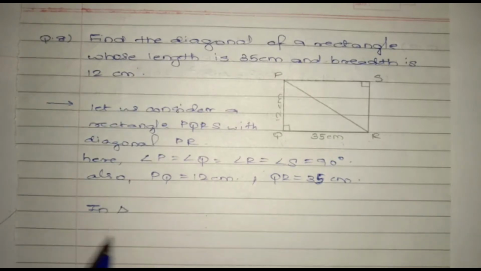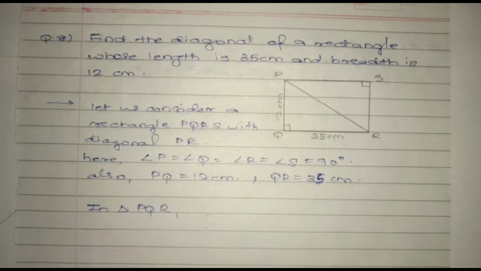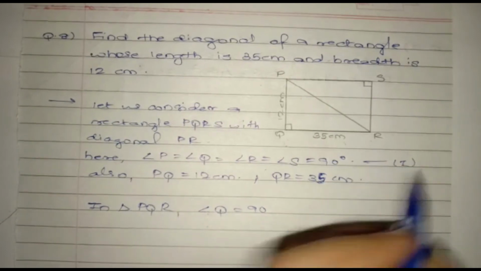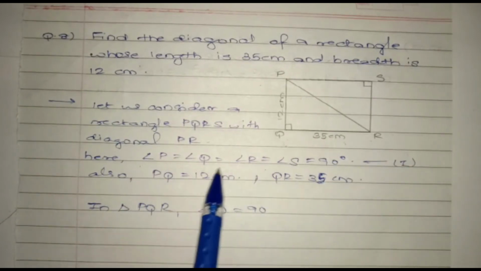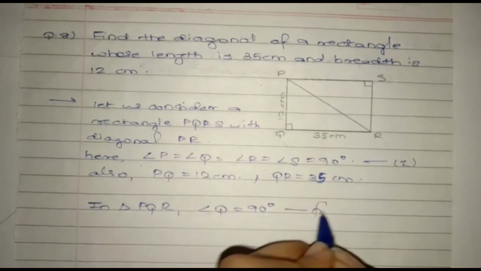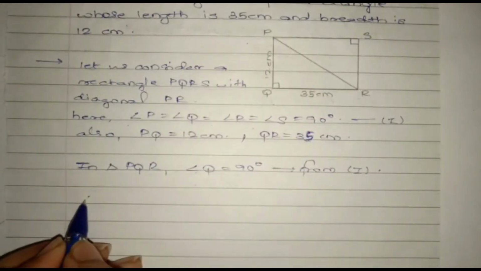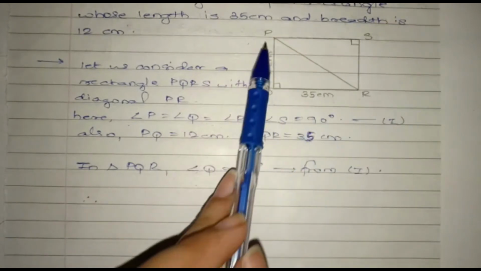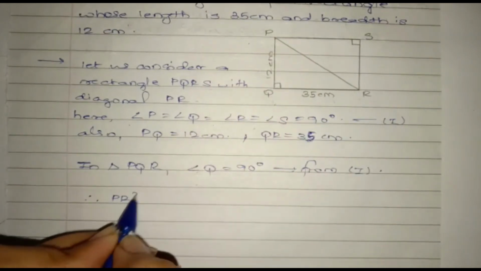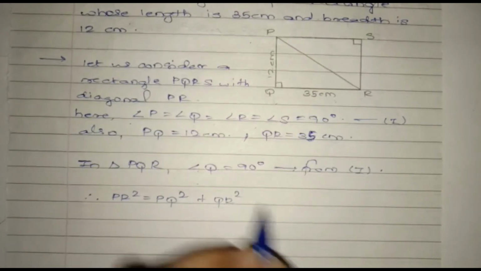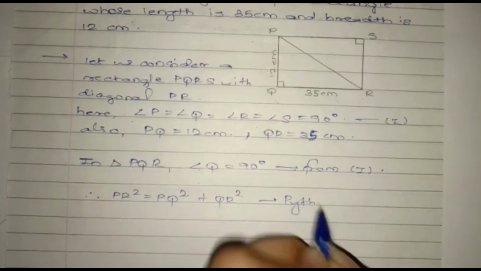Okay, now in triangle PQR, we have considered right angle triangle PQR. Angle Q is equal to 90 degree. We'll consider this as 1, because those are the angles of a rectangle and they are equal to 90 degree. So angle Q is 90 degree from 1. Okay, so therefore we can write PR square is equal to PQ square plus QR square by Pythagoras theorem.